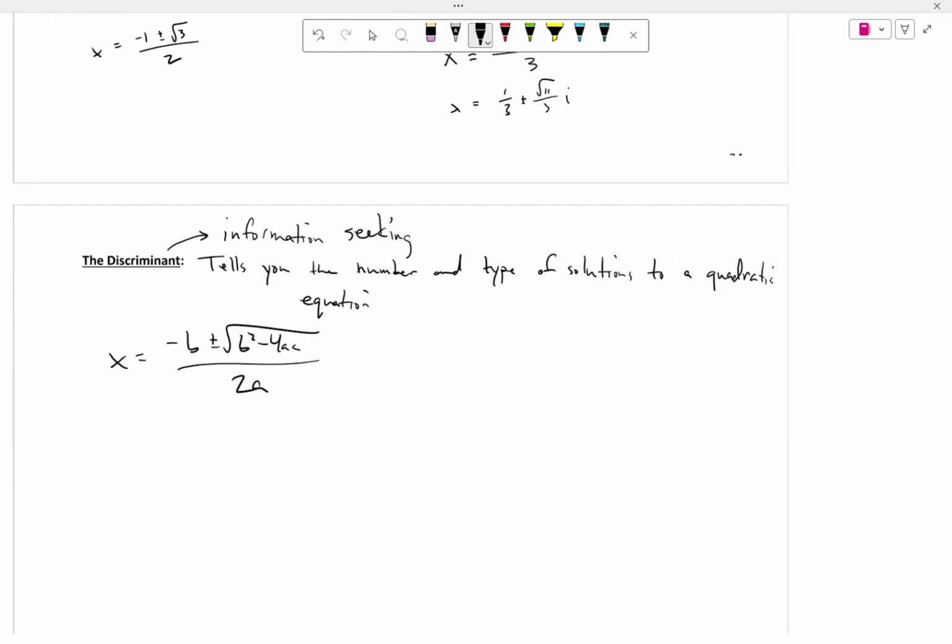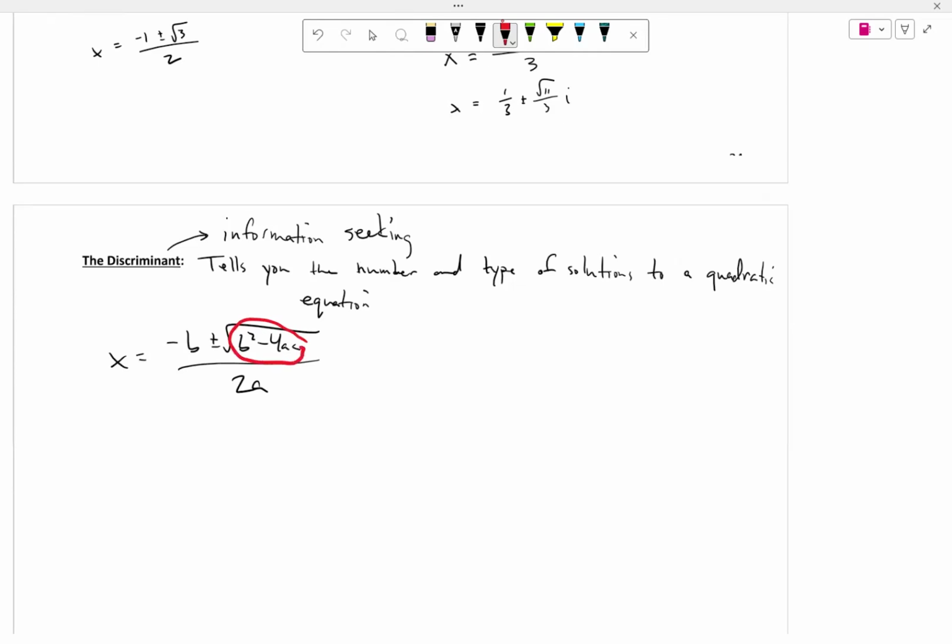Sometimes that solution will be imaginary and sometimes it will be real. The thing that determines this information is the content of the radical.